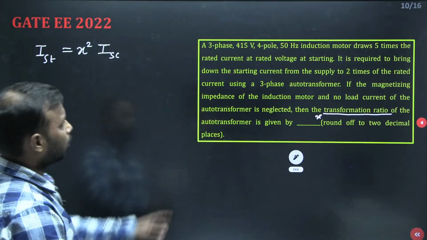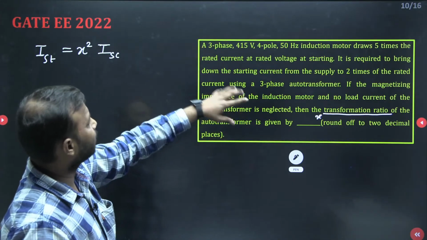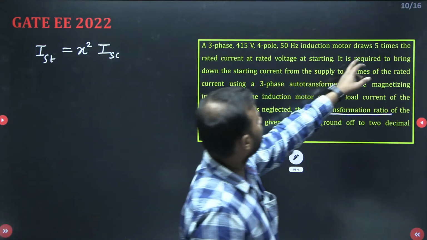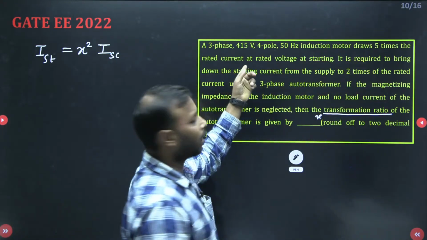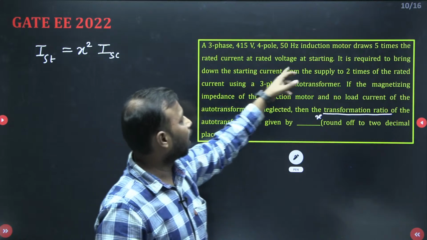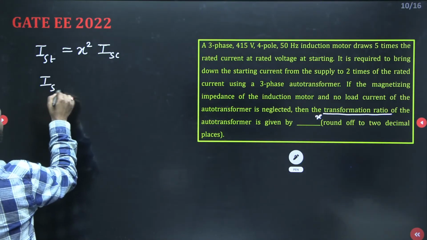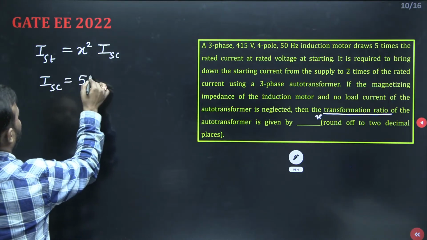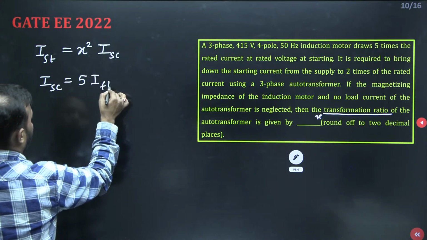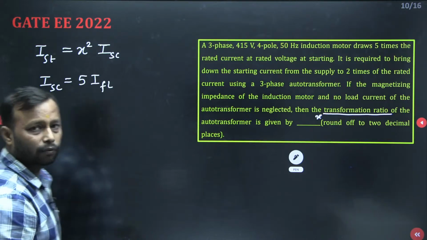Now see, in the question it is given that the induction motor draws 5 times the rated current, which is full load current, at the rated voltage. So it means that your ISC is 5 times IFL.